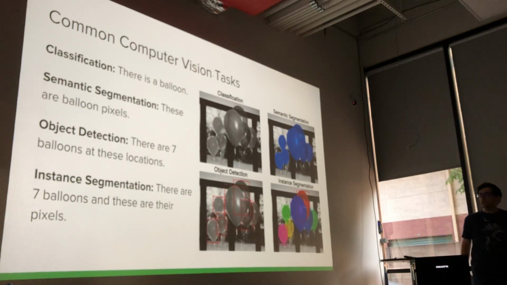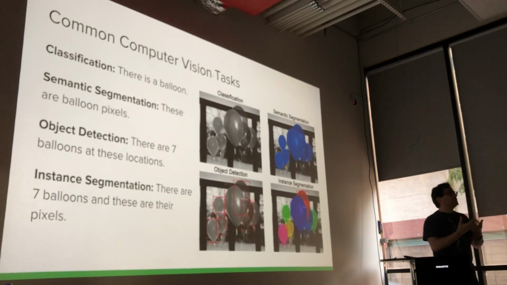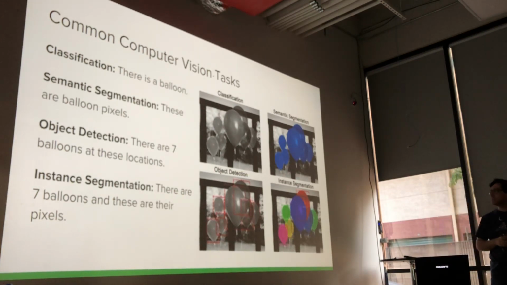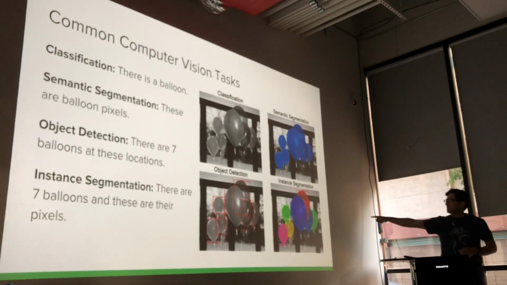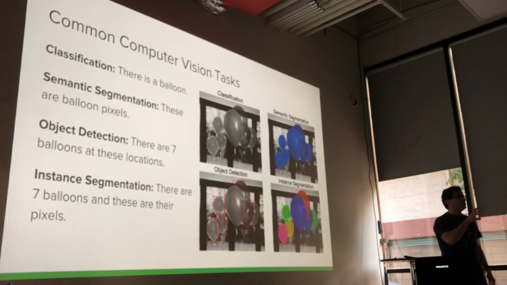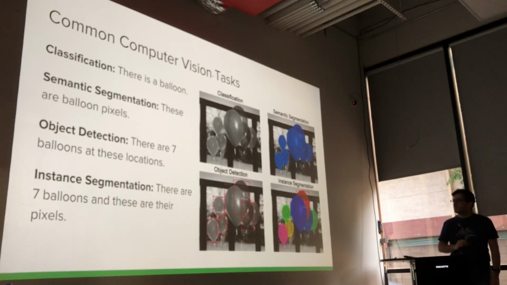Then you have object detection, which focuses on how many objects and where they are in the image. This allows you to throw boxes around individual instances. And then instance segmentation merges these two and can tell you where each individual object is and the exact pixels that belong to that object.